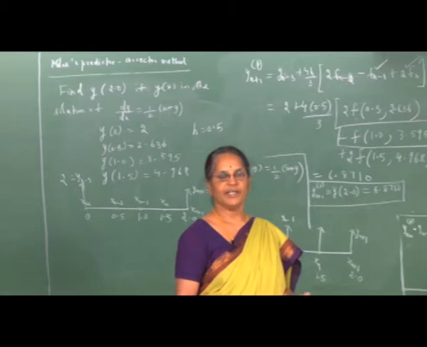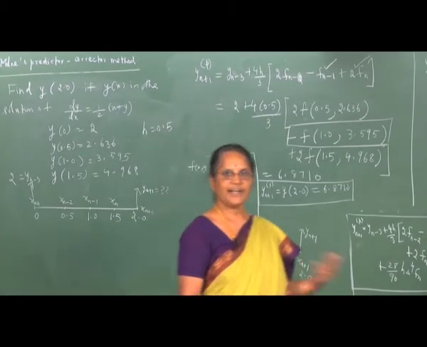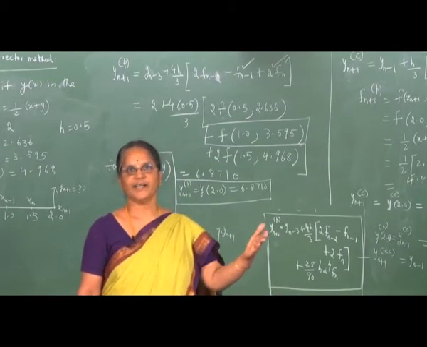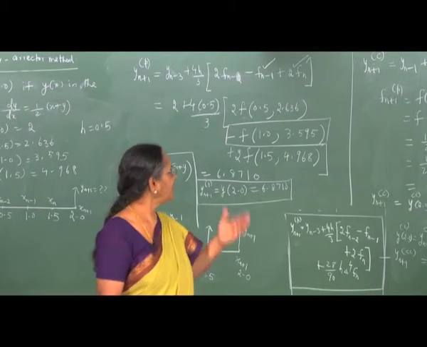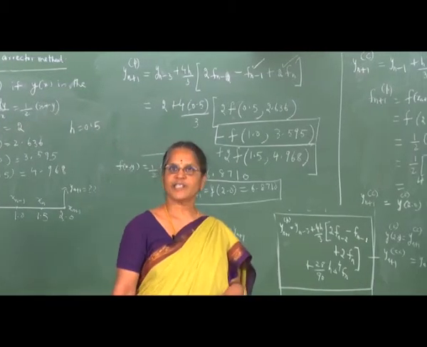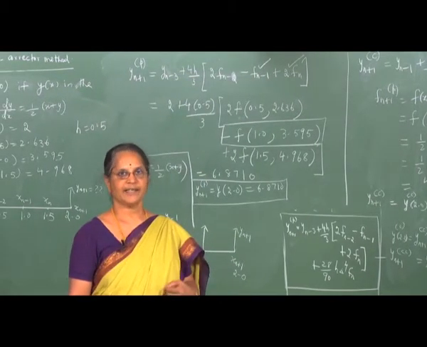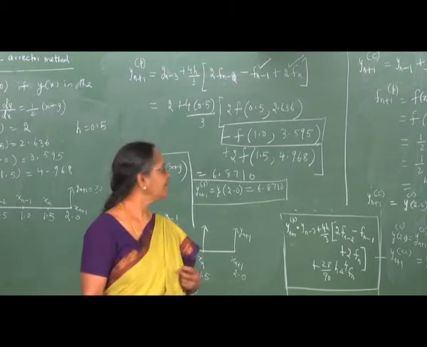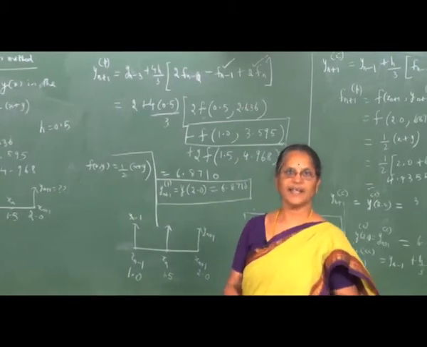So far we have considered 3 predictor corrector methods, namely modified Euler's method turned out to be a predictor corrector method, and then we derived Adams-Moulton or Adams-Bashforth's method, which is again a predictor corrector method, but this method is a multi-step method, and in this class we have derived Milne's predictor corrector method.